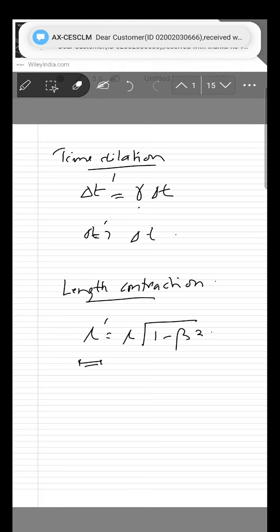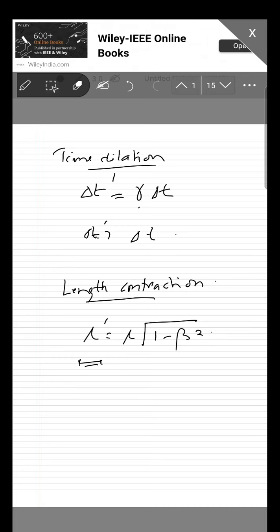Next property that is coming from the Lorentz transformation is the addition of velocities. So if we define the quantity beta, you may remember that beta is basically v by c.